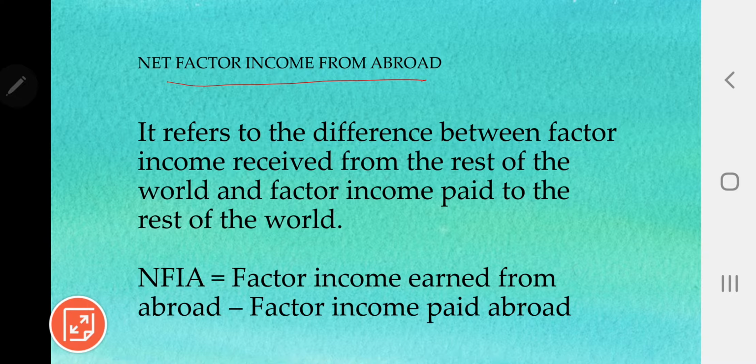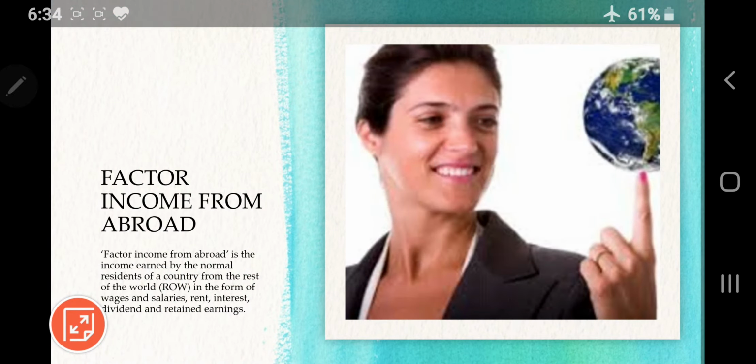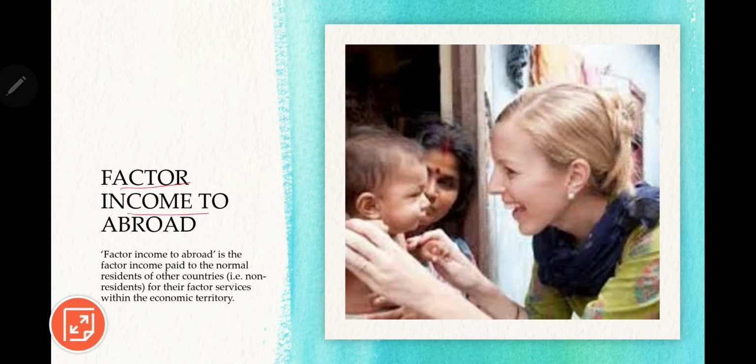Thus, net factor income earned from abroad is the difference between factor income received from the rest of the world by our normal residents minus factor income paid to the rest of the world, that is factor income earned from abroad minus factor income paid abroad. Now, what do we mean by factor income earned from abroad? It is the income earned by normal residents of our country from the rest of the world, as we have seen just now. And what do we mean by factor income to abroad?